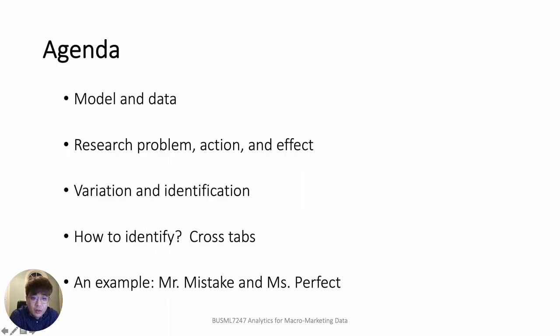And with an example, I'm going to illustrate a general procedure of identification using crosstabs. Last, I'm going to wrap up with a realistic story of two people in a sales department. Okay, are you ready? Then let's get started.